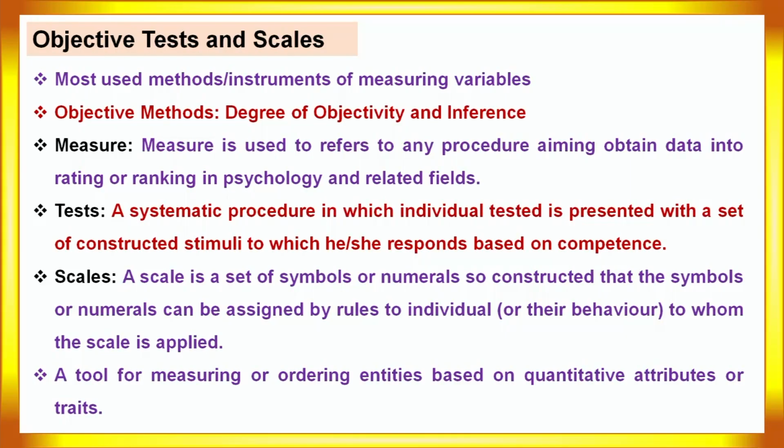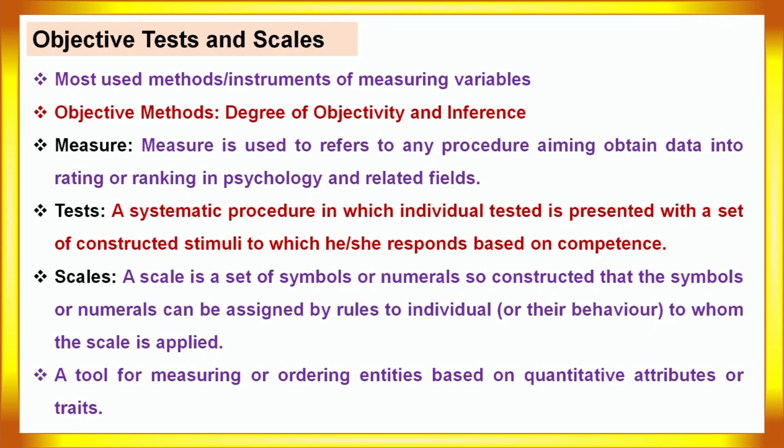So, all methods are inferential; we always try to be objective, but it depends on the method how objective we can be in terms of assigning numerals or interpreting them. Now, coming back to the terms test and scale we are talking about.